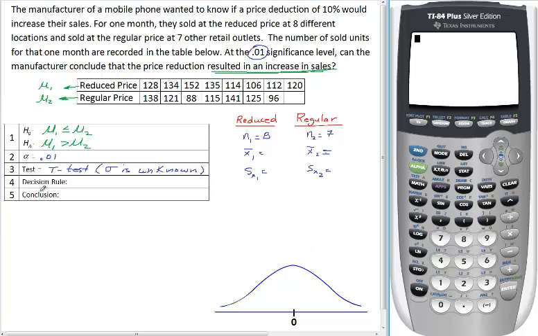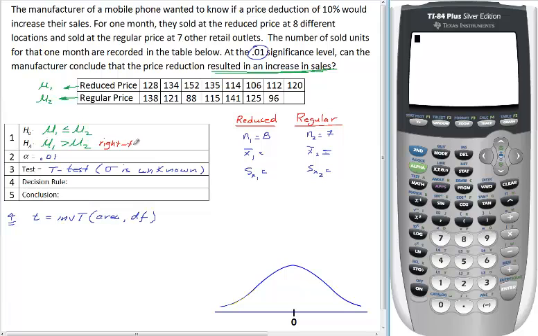Now, let's look at the next step, step 4. That's our decision rule. What is our decision going to be? In step 4, there's always a little bit of work to do. It's an inverse t function, and for inverse t we need area and degrees of freedom. How do we get both of those? Well, the area we'll do first. As you can see from our alternate hypothesis, greater than, so we call that a right-tailed test.